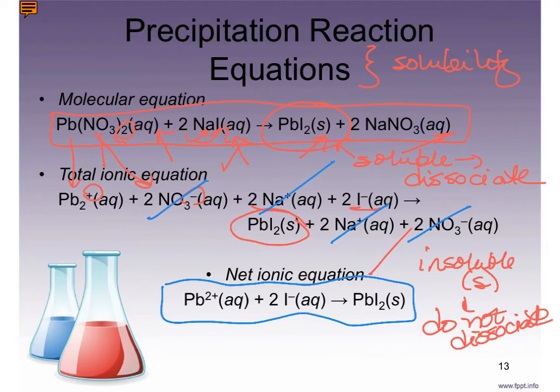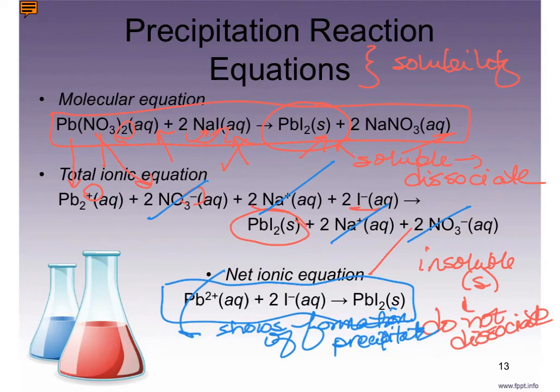And what's really cool is the vast majority of the time, the net ionic equation for a precipitation reaction shows formation of the precipitate. That's really important. It can save you a few minutes of time on a test. So most always, the net ionic equation shows formation of the precipitate.